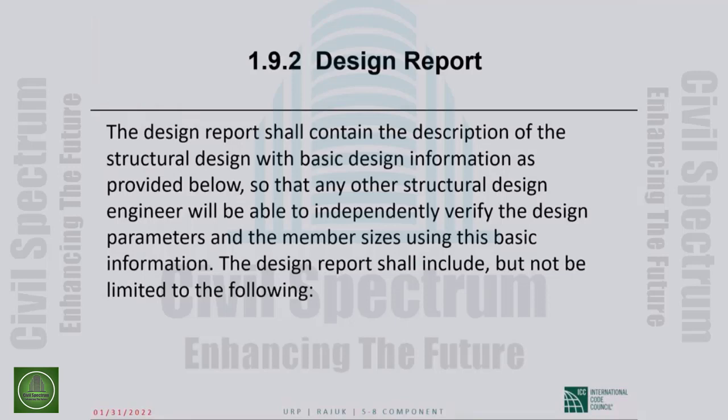The list is there so that any other structural design engineer will be able to independently verify the design parameters and the member sizes using this basic information. So somebody else should be able to verify your design based on the information you provide in the report.